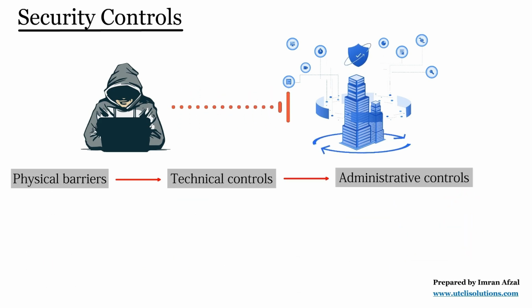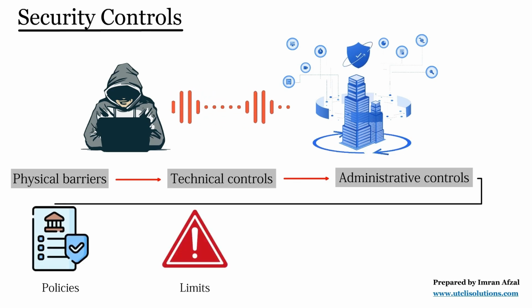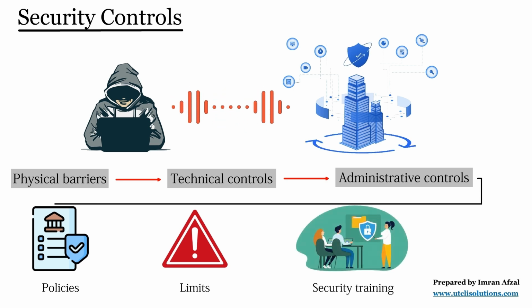Lastly, administrative controls, such as strong access control policies, limit what data the criminal can access, even when they get past the first two layers. Also, security training ensures that employees are vigilant and can recognize and respond to suspicious activities and potentially catch the intruder before significant damage is done.